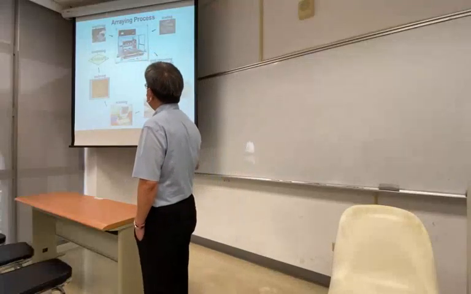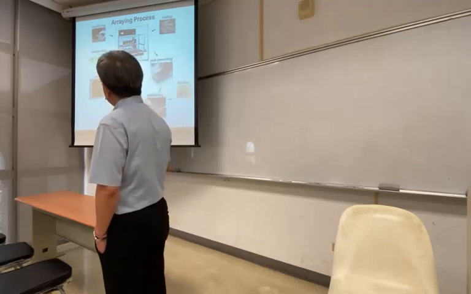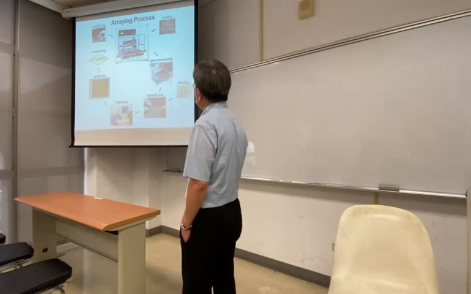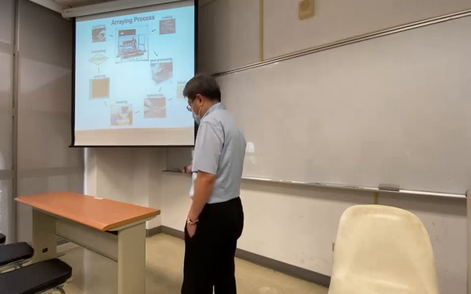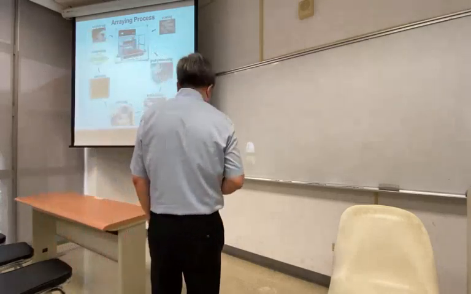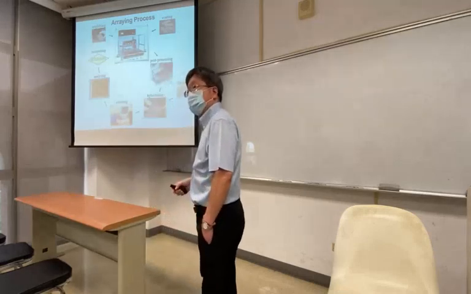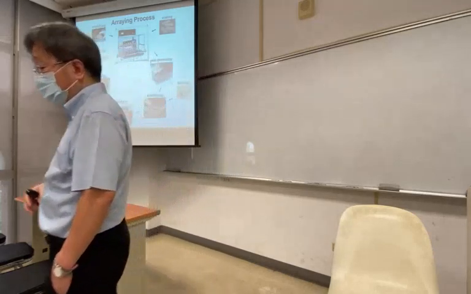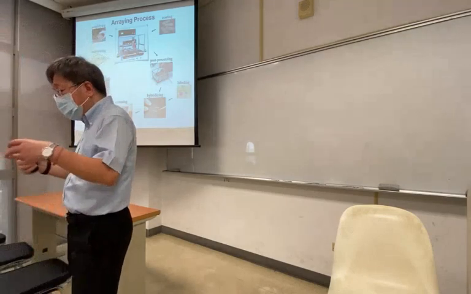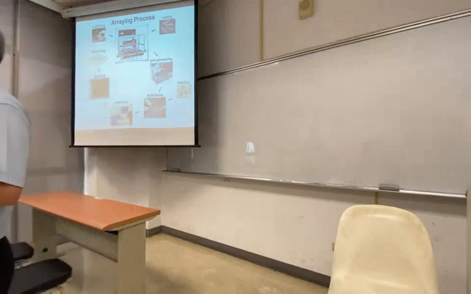So this is the arraying process. We have to prepare DNA, right? And then we have to prepare our structure. In this case, it's a microscope slide. It's the kind of slide you have been using, maybe in middle school, to see some microorganisms under a microscope.